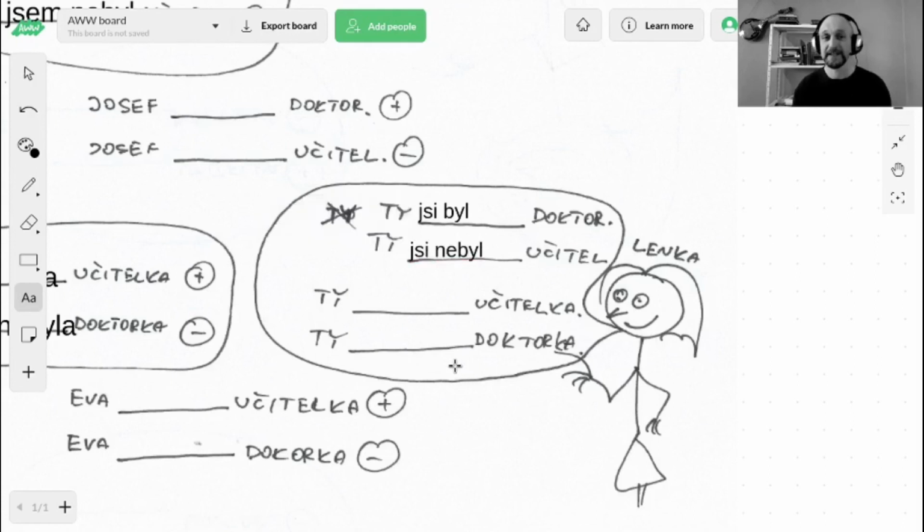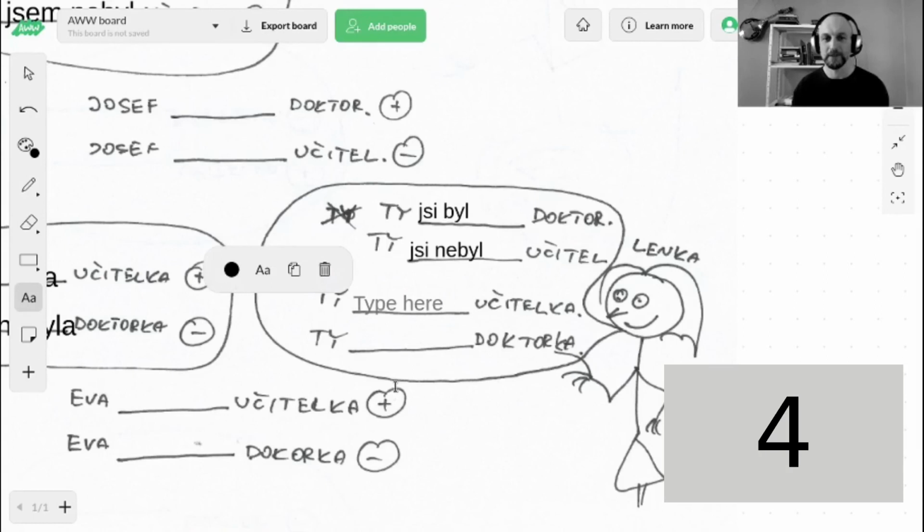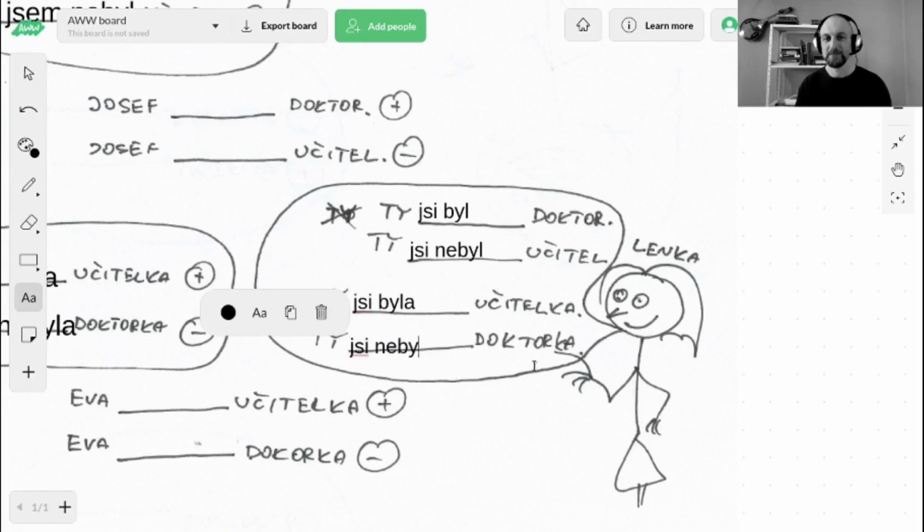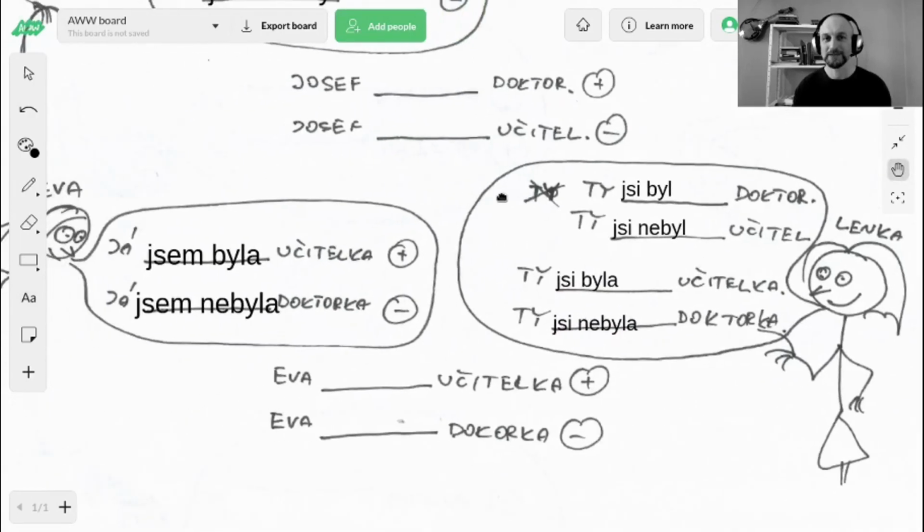And what is she saying about Eva? Again, here we have to be careful with the female form. Ty jsi byla in positive, and in negative, ty jsi nebyla doktorka.